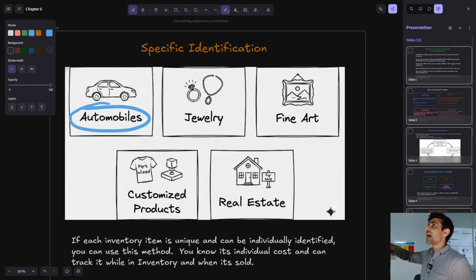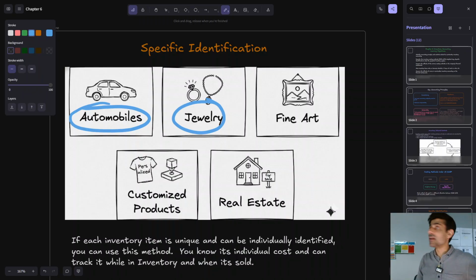So you can track them, and when that car sells, you can see what that car cost to make, and you can expense it exactly. Other things are easier, like jewelry. These are individual pieces, so that's very easy to track, and they're unique.